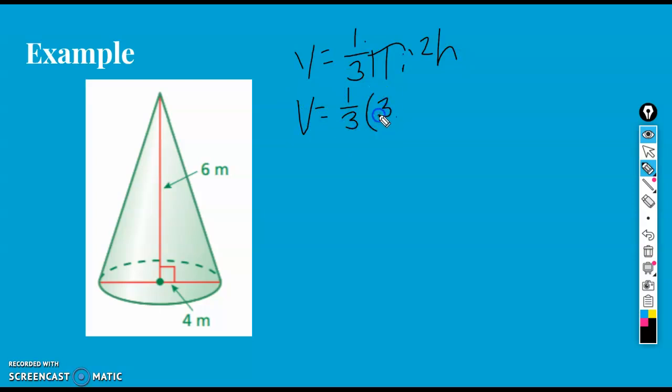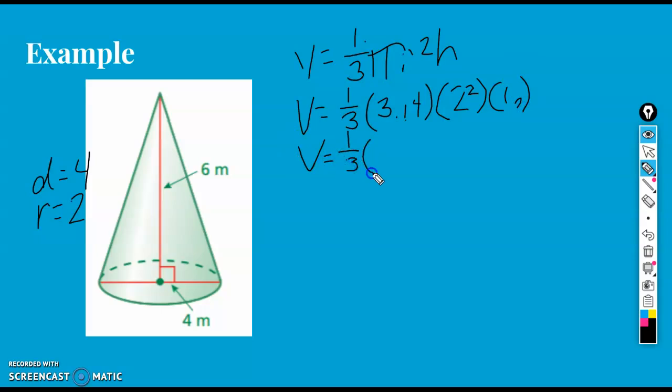We replace pi with 3.14. We're going to replace our radius. Now, as you can see here, our diameter is 4. Remember, radius is half of the diameter. So 4 divided by 2 would give us 2. And the height of our cone is 6.